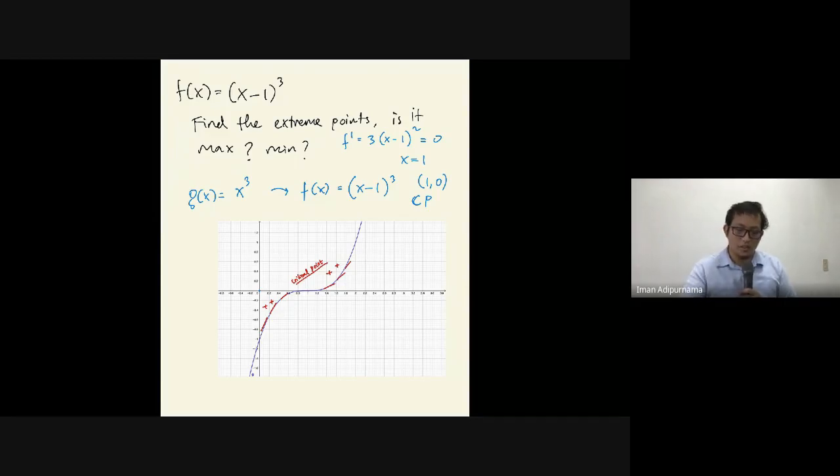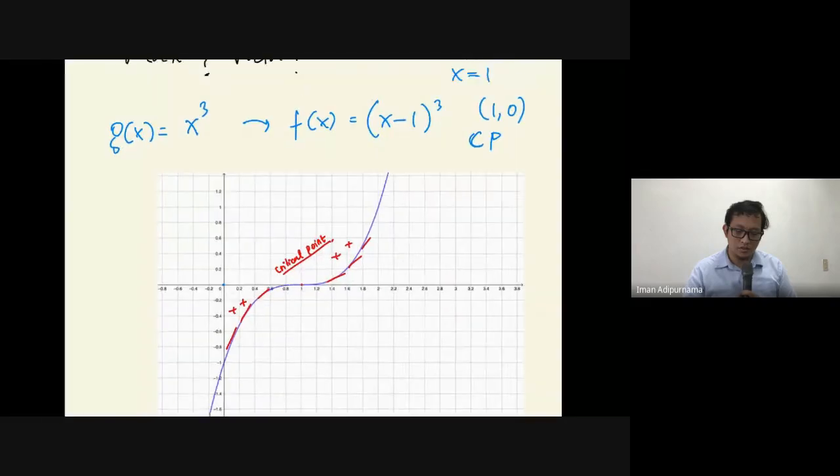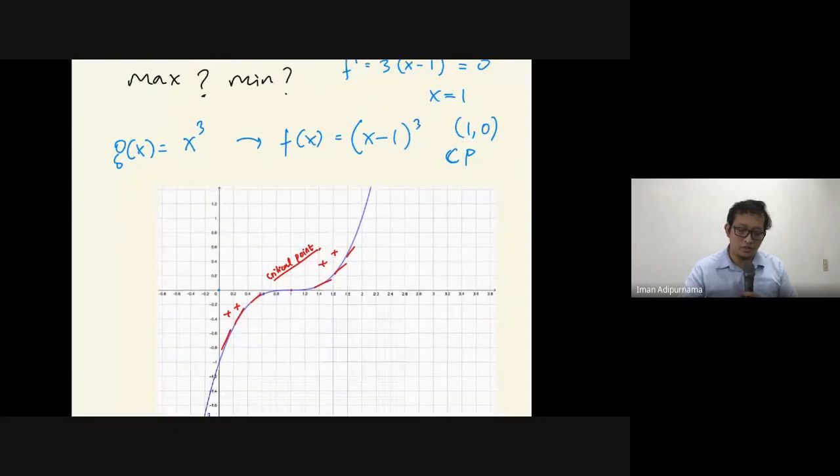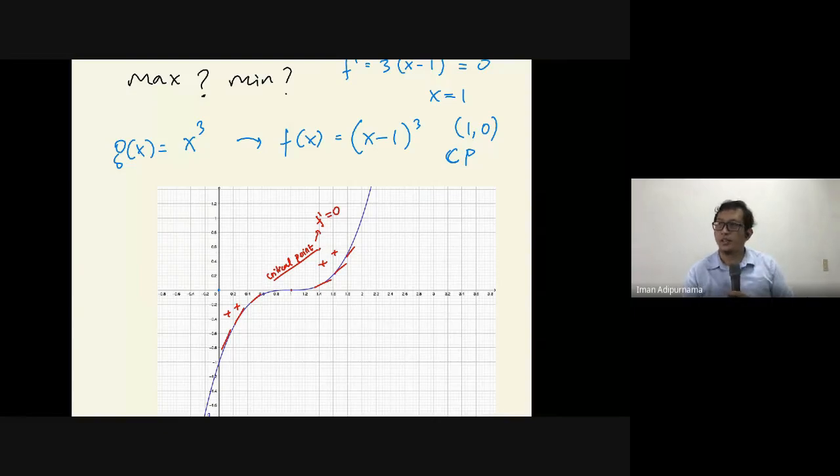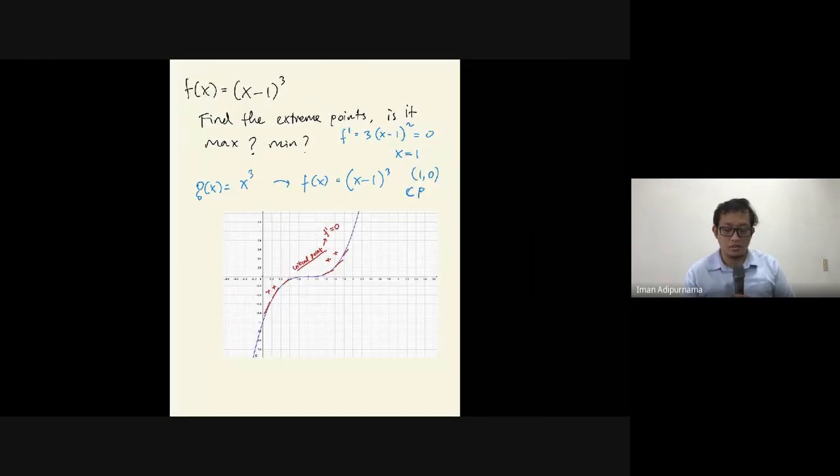Again, the critical point is defined when f prime is 0, but not necessarily its max or minimum. And usually it's described in the odd functions like x cubed, x to the 5.